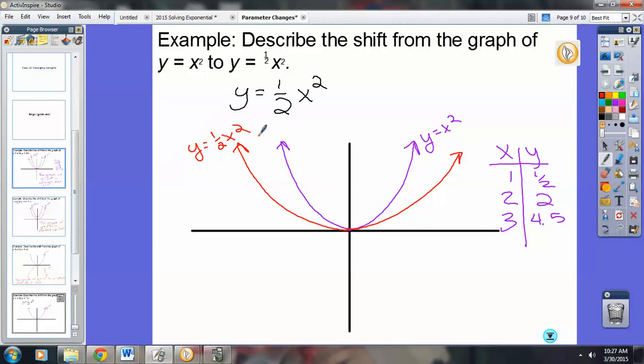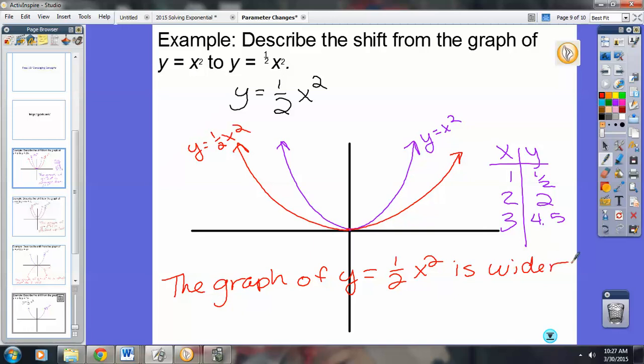So let's describe our shift. The graph of y equals 1/2 x squared is wider than y equals x squared.